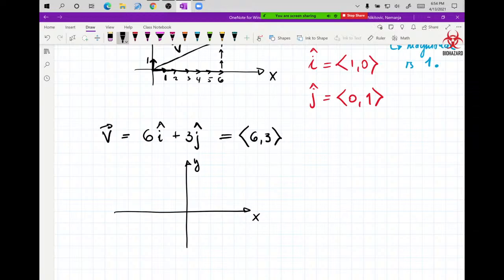So let's say this is your vector here. Let's call this vector u. You have 1, 2, 3, but it's on the negative side. So vector u has a negative 3i and it has positive 2j.